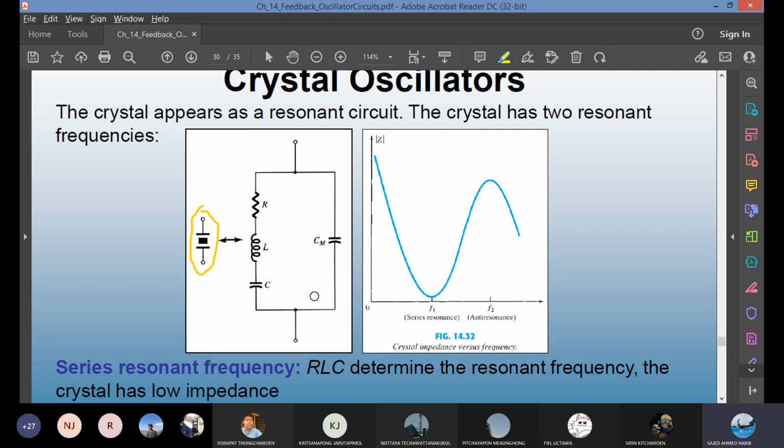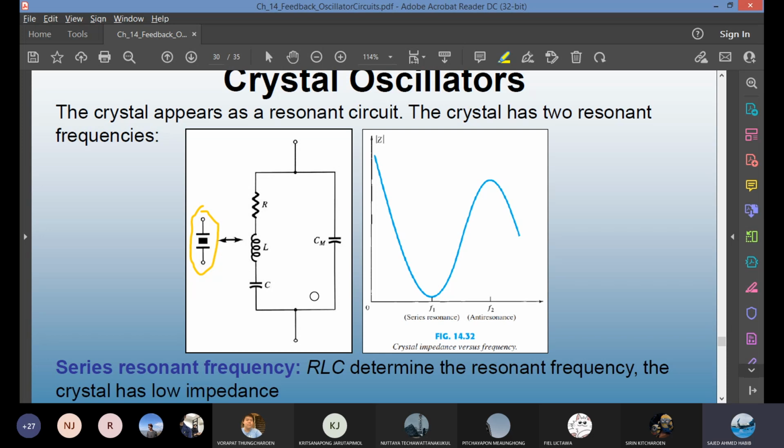So the resonant frequency of the crystal actually depends on how you manufacture and cut it. This type of oscillator is used where the circuit requires greater stability: communications, transmissions, and receiving.